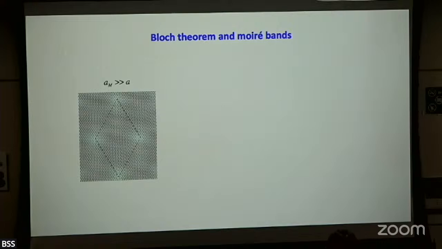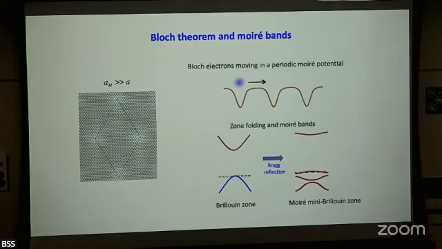And in that case, you can use Bloch theorem and analyze those bands and talk about Moiré mini bands. So that's pretty much just the zone folding, how to get the Moiré mini bands. And you probably have already heard from Alan. So that's the first important property.